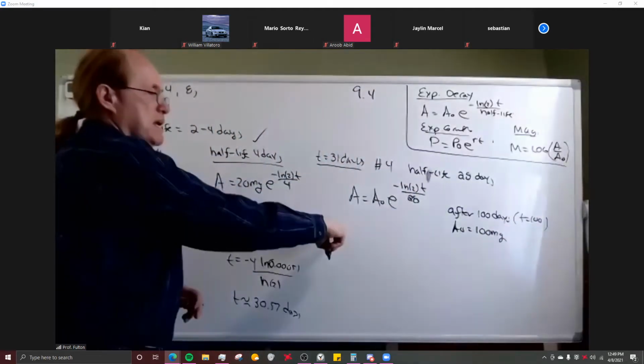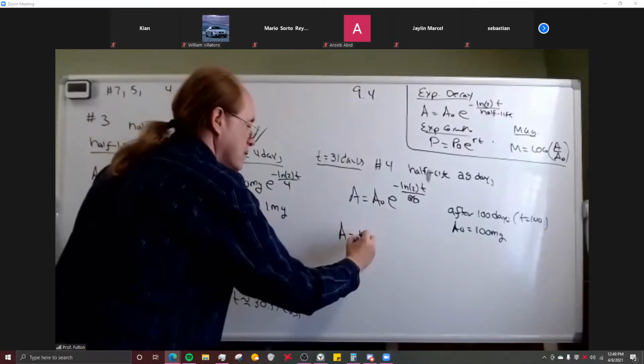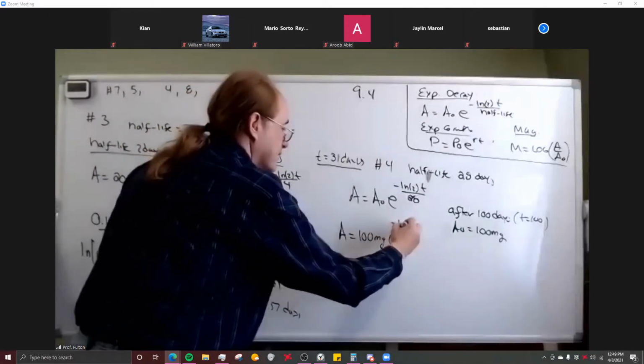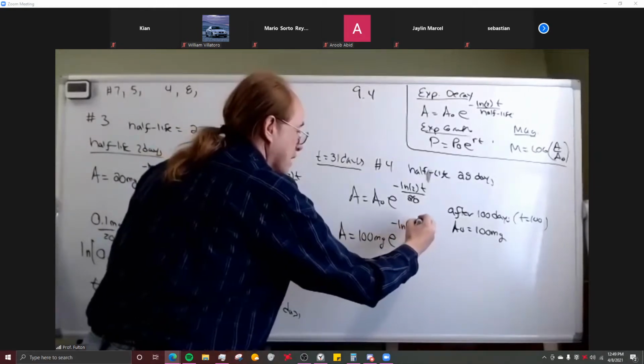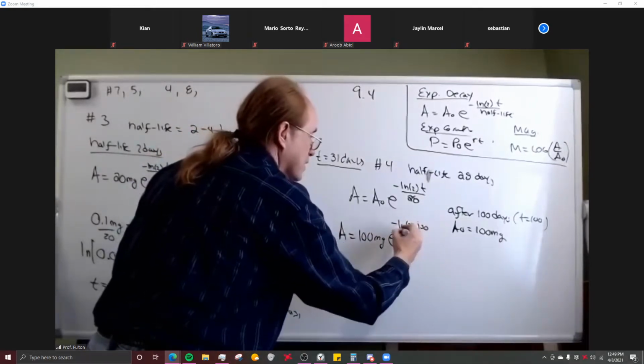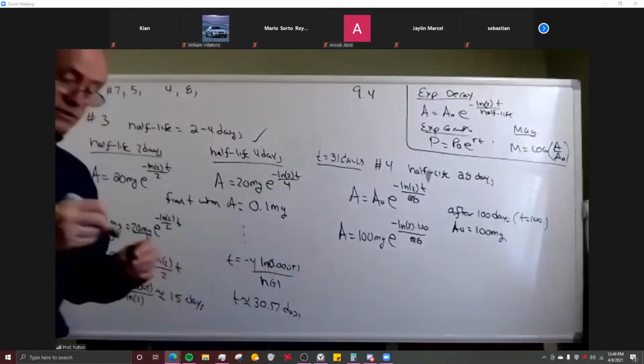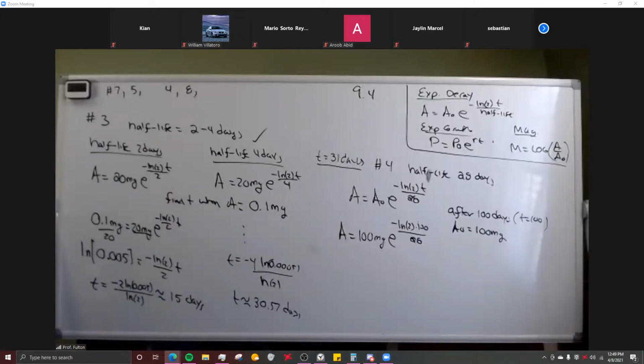How much is remaining? So the amount remaining is 100 milligrams, e to the minus natural log of 2 times t, now 100, over 28.